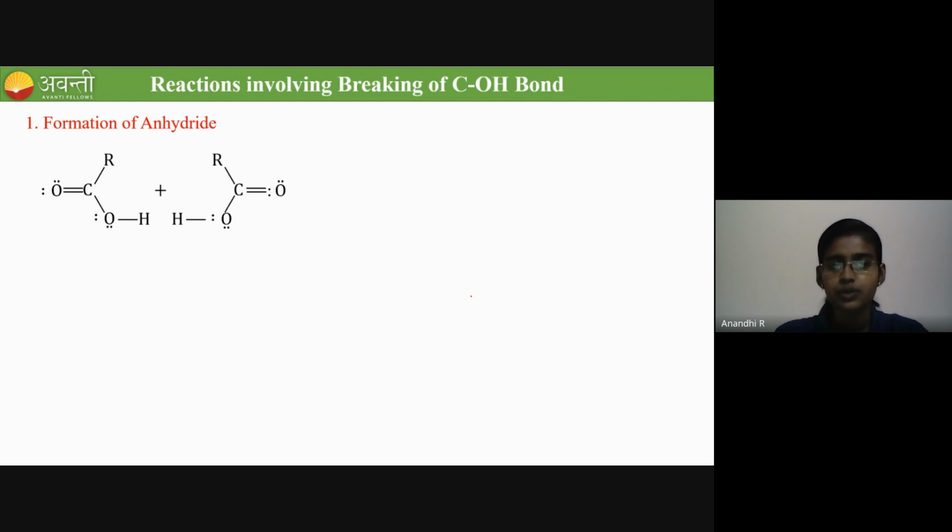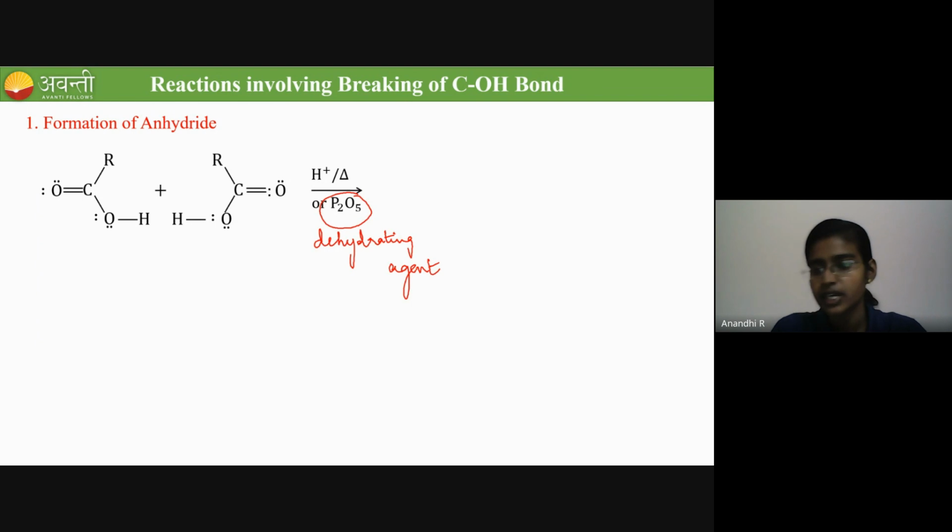I took 2 moles of carboxylic acid of formula RCOOH, and I'm going to treat this carboxylic acid in presence of P2O5, or if you are using H+, just heat it. P2O5 is the dehydrating agent.